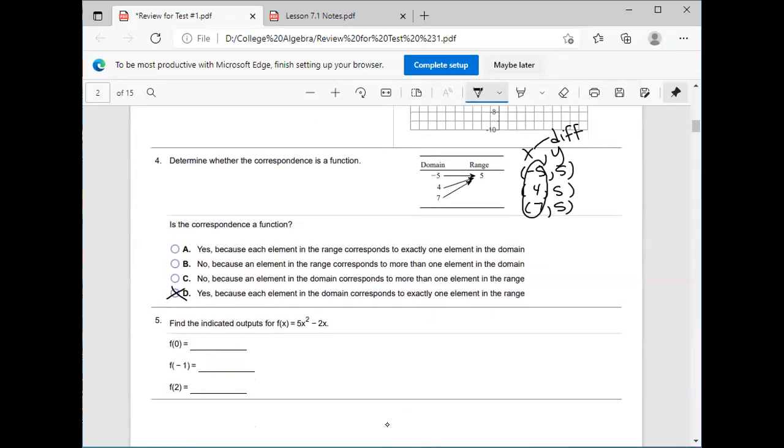I think the easiest way to do this problem is to go to your calculator and go to y equals and type in 5x squared minus 2x and pull up your table and look for 0 and -1 and 2. Okay. I'm not going to go there right now because I think we've done that a million times, but the long way to do that would be to wherever you see an x, you would plug in, on this one, you would plug in a 0.